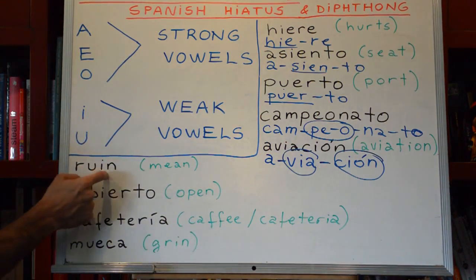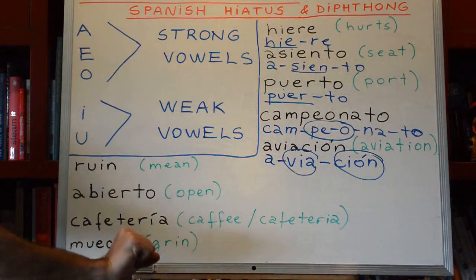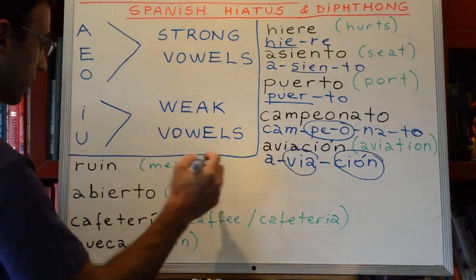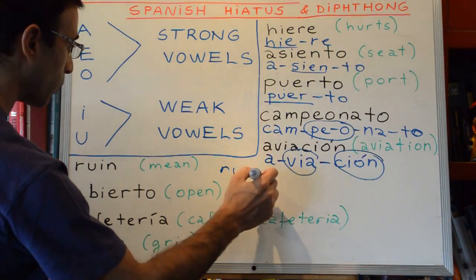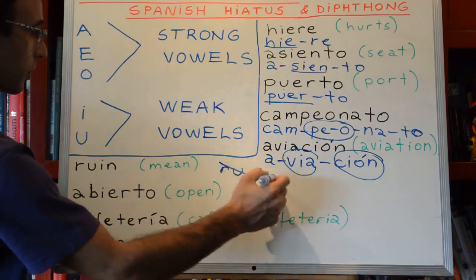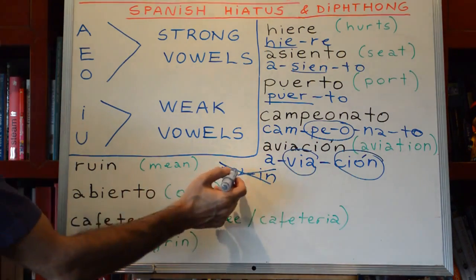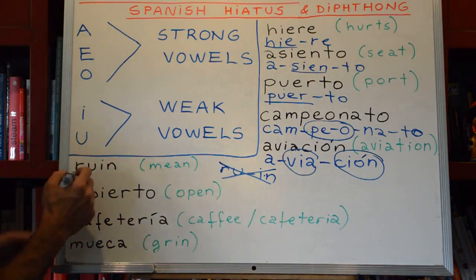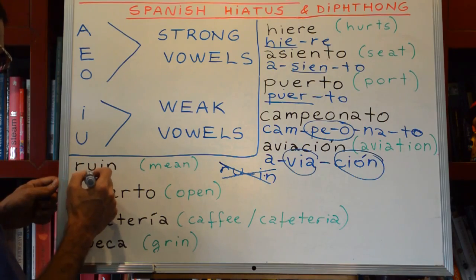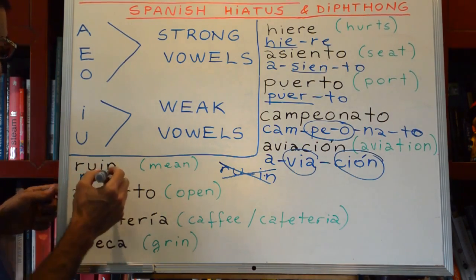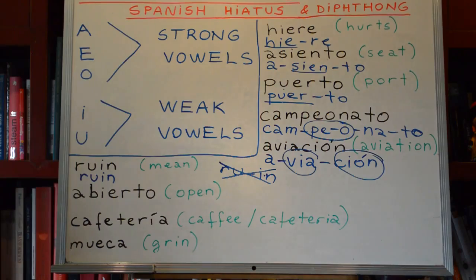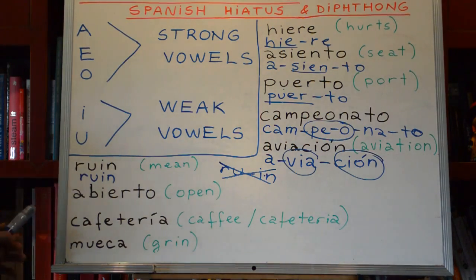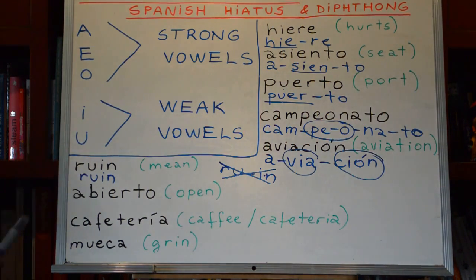So we cannot separate this like ru-in. This is wrong. Because two weak vowels stay together. So this is ruin. One single syllable. This is a monosyllabic word.